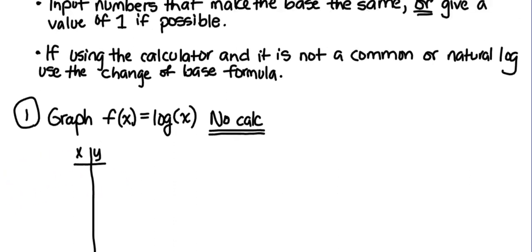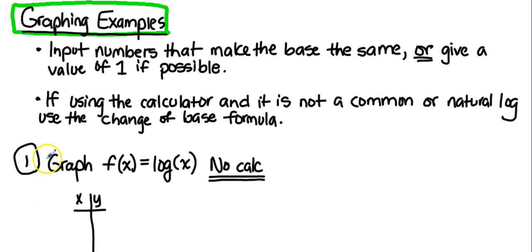So if we go back to the graphing notes we just wrote, it says that we want to input numbers that make the base the same or give a value of 1 if possible. So for me, right now I'm dealing with log of x. I definitely need to remember that this is actually log base 10. So we're going to go back to our very first log properties. Input numbers that make the base the same or give a value of 1 if possible.